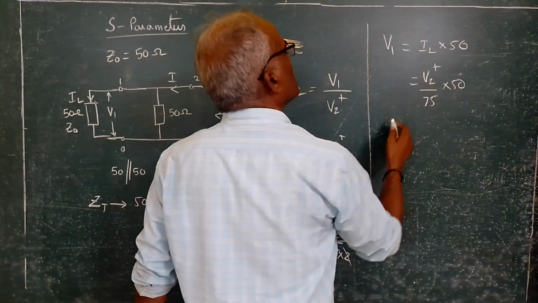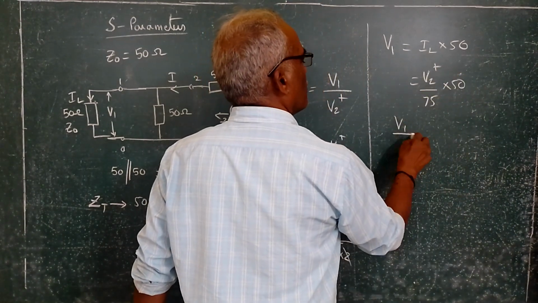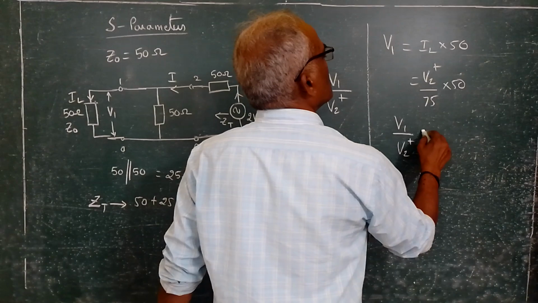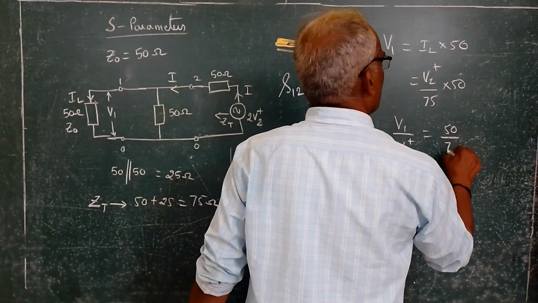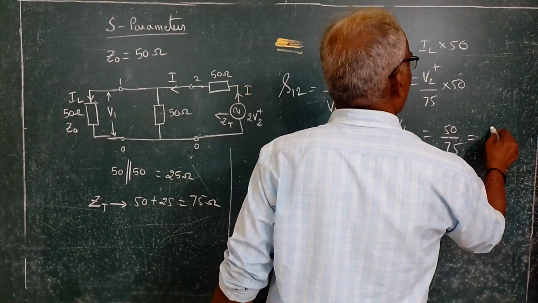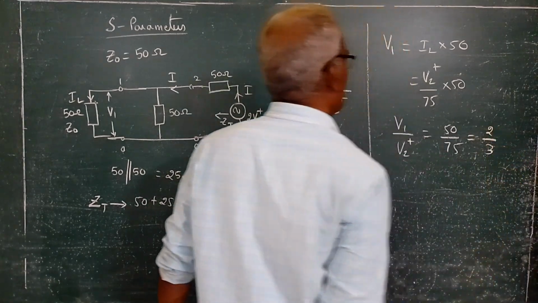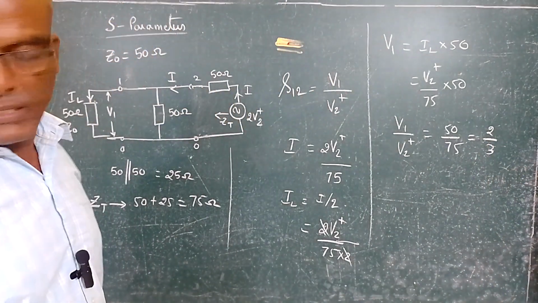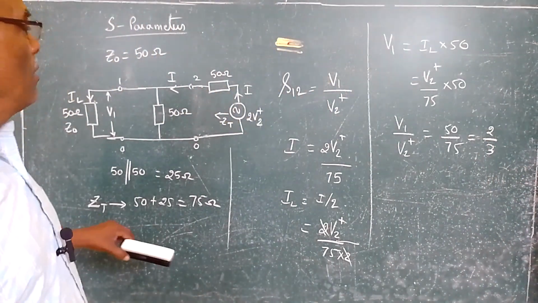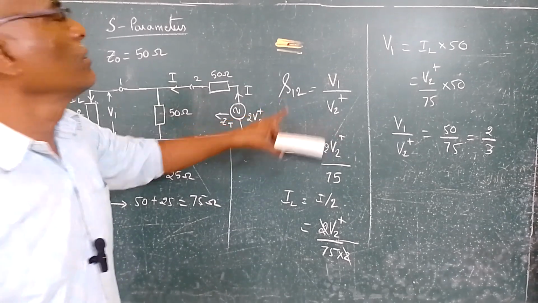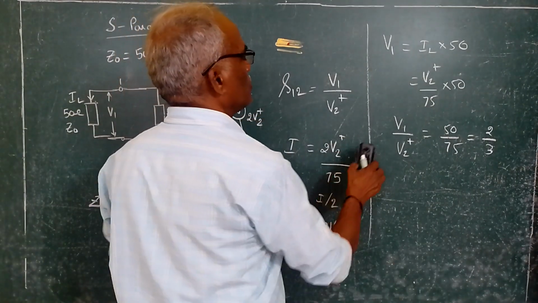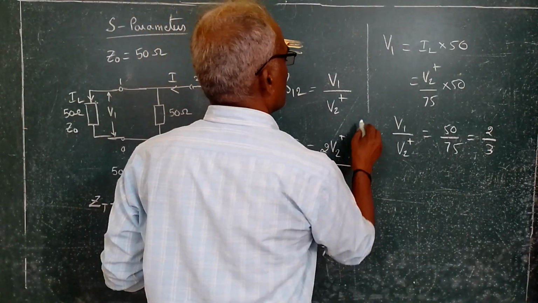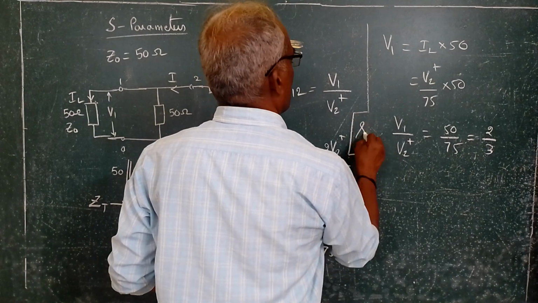You move this V2 plus to this side. So V1 by V2 plus is equal to 50 by 75, which is equal to 25 twice and 25 three times. Now what is V1 by V2 plus? V1 by V2 plus is nothing but S12.